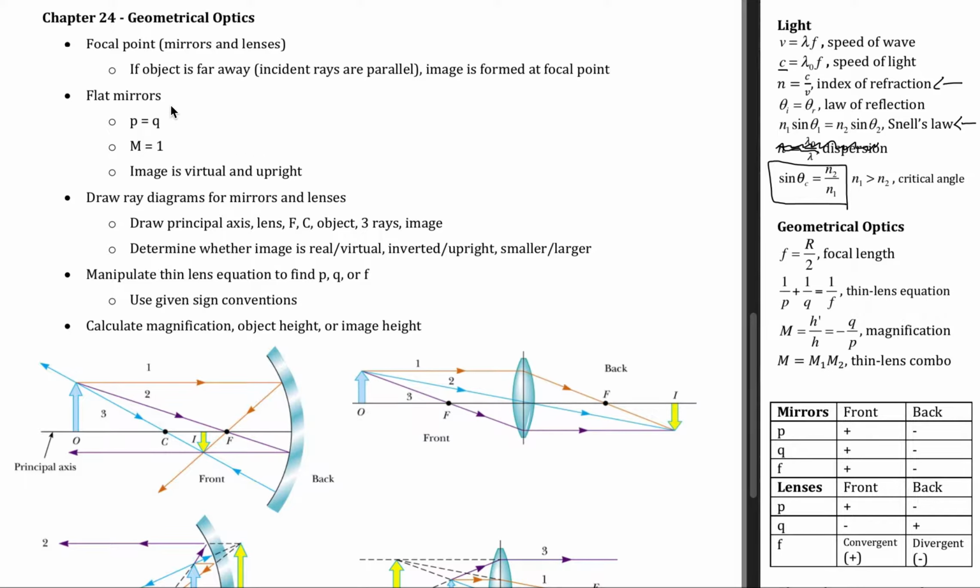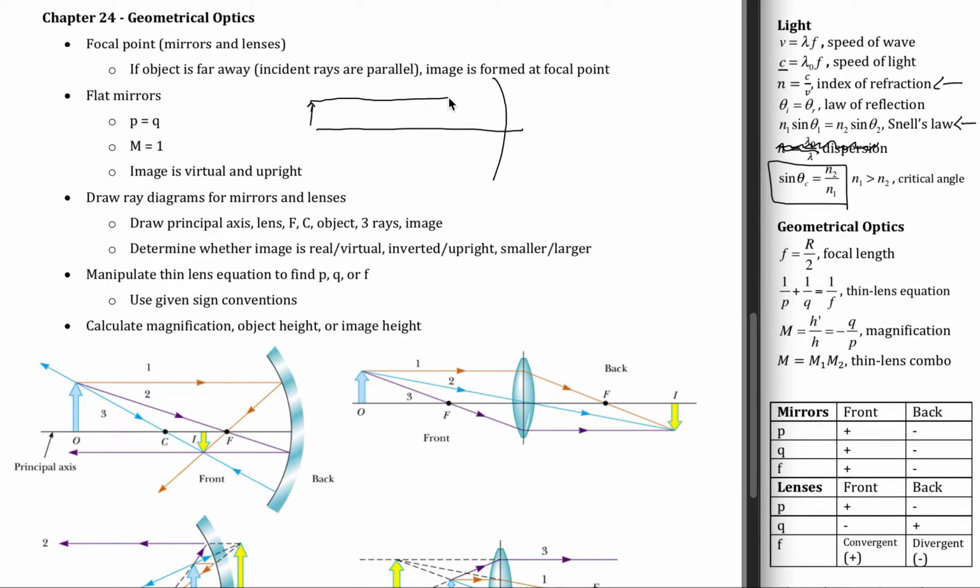So the first concept that you need to know is the focal point. Whether it's a mirror or a lens, if an object is far away, then the image is formed at the focal point. So if you have a converging mirror, for example, and this is the optical axis here, if the object is very far away, we learned that the rays coming from that object are basically parallel.